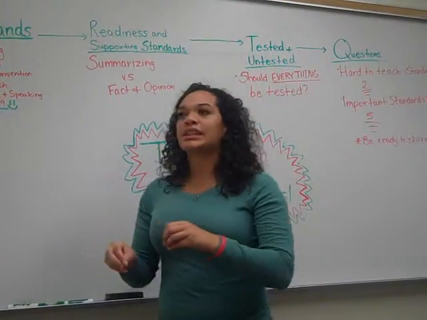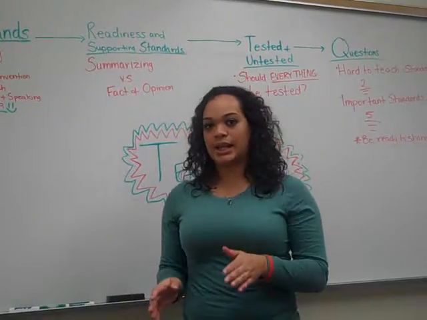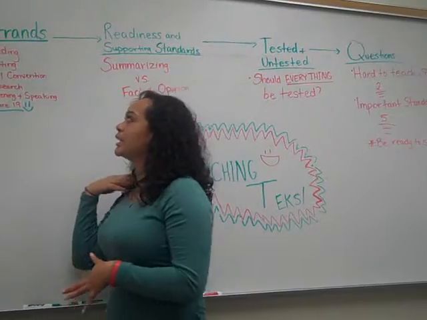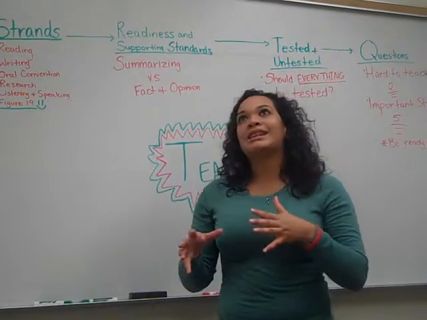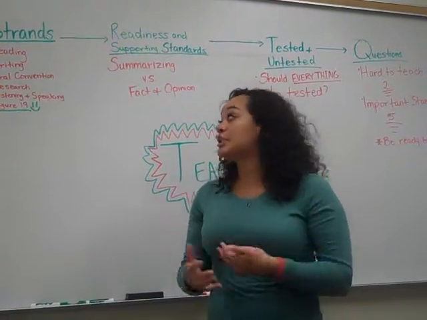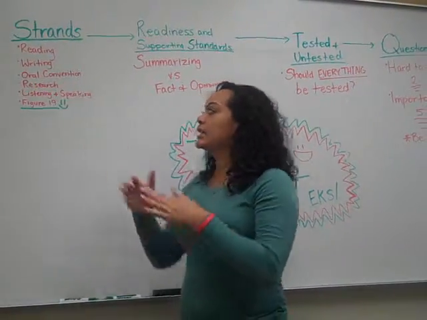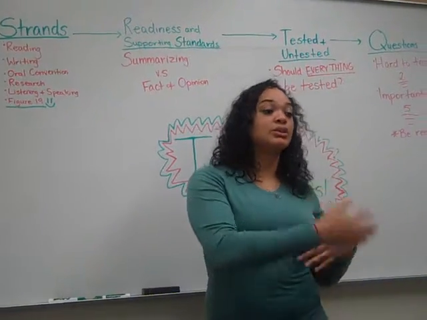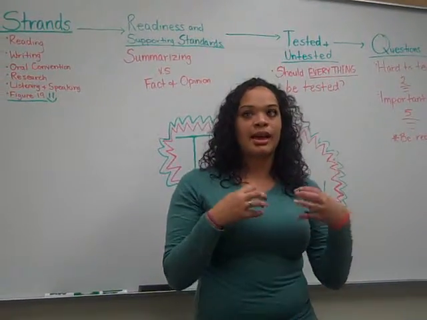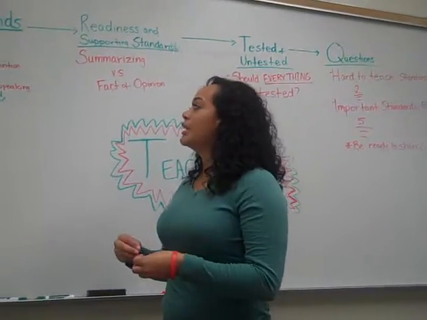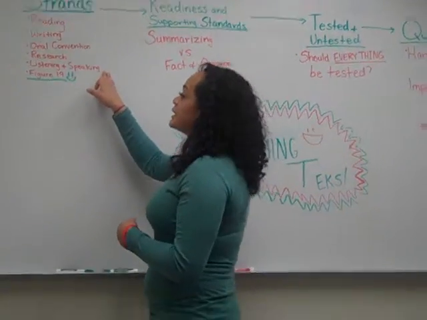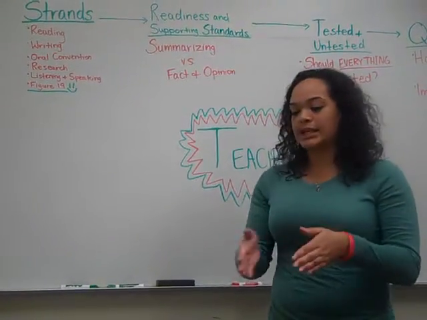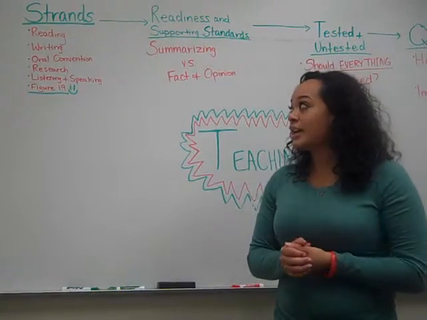But in a traditional test, you can't necessarily test their oral and writing conventions, not as a whole. That would be something you'd have to do more one-on-one. In research, in the time allotted for standardized testing, you can't expect them to go out, do research, and ask these in-depth questions. There's just not time. Listening and speaking, until you get to older grades, you won't be able to test that in a standardized way, and even then it's kind of iffy.